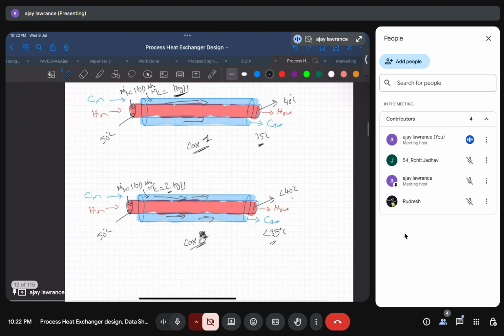Here, 35 and less than 35 seems logical, but 40 and less than 40 does not seem logical. Why?